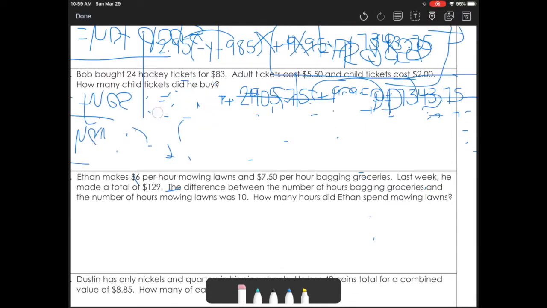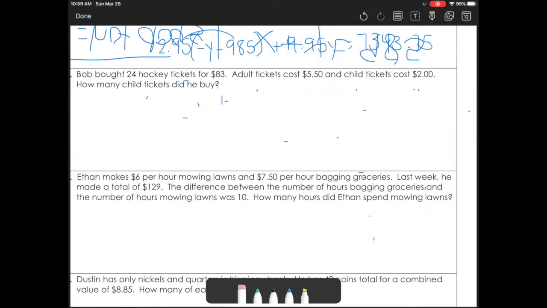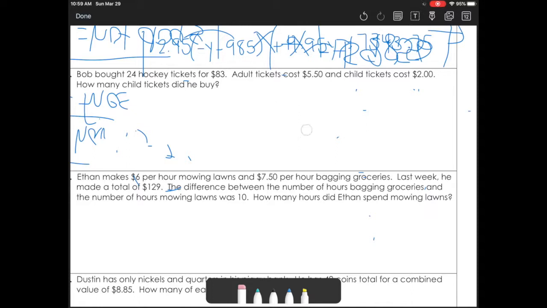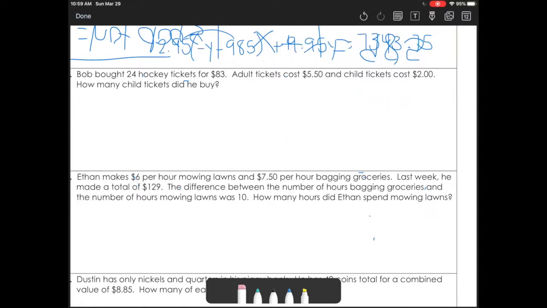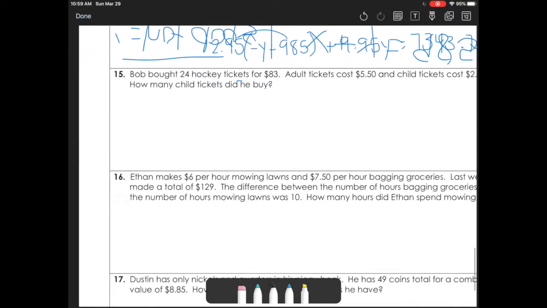I'm trying to erase all this stuff that I wrote so that I can do this problem in this space. This is whack. Okay, is that going to be good? I think that's going to be good enough. Strange indeed.